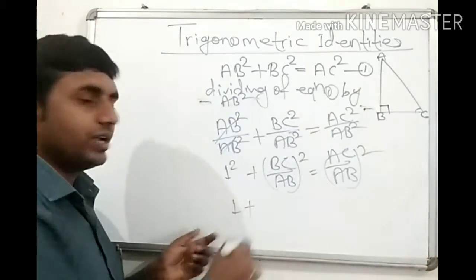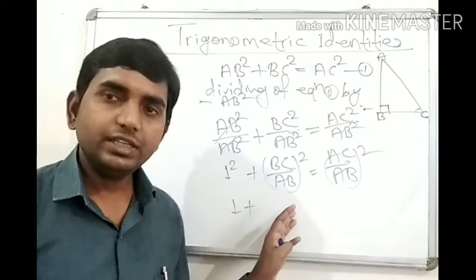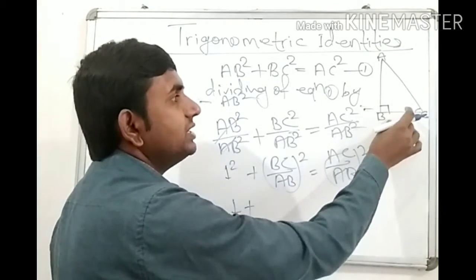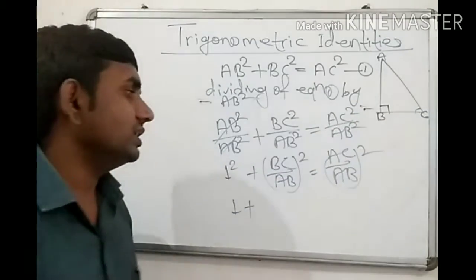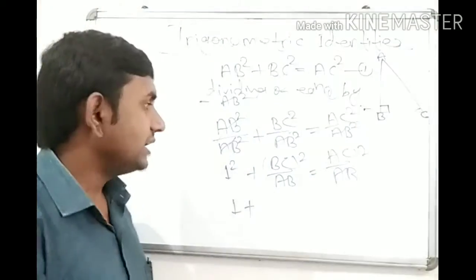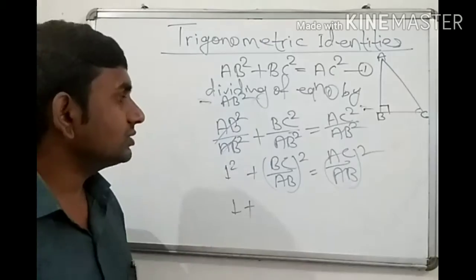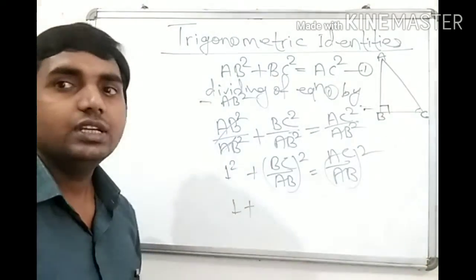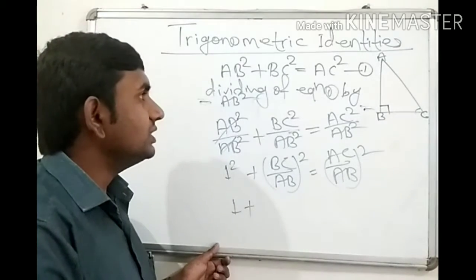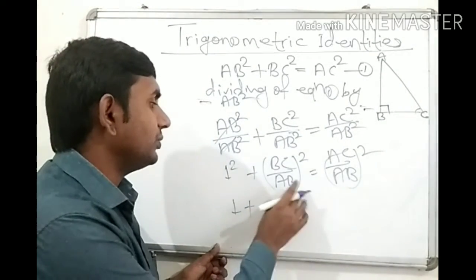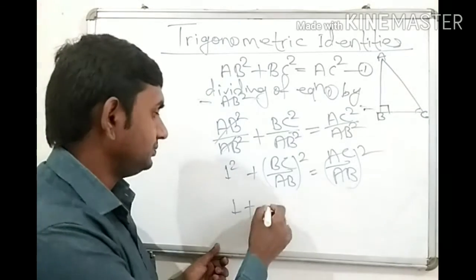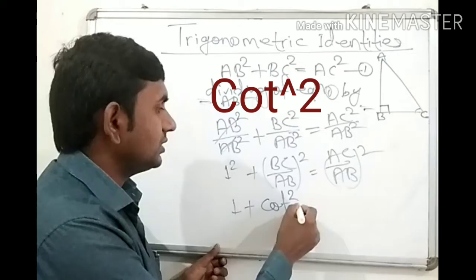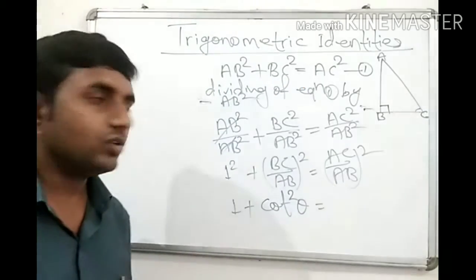Now we have to find what BC by AB is in comparison with angle C. BC is the base and AB is the perpendicular, so it indicates base by perpendicular, which is cot theta, so it is cot square theta.